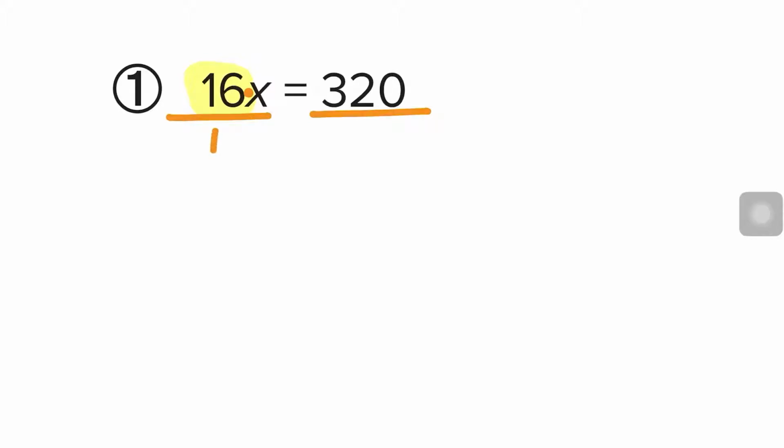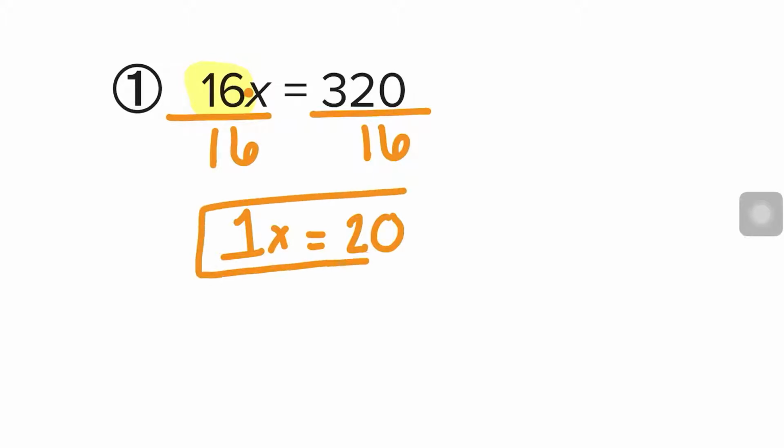Well, 16 divided by 16 is 1x, and 320 divided by 16 is actually 20. So this can be your answer, 1x equals 20 or x equals 20.